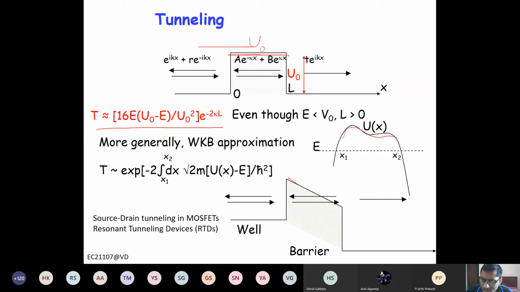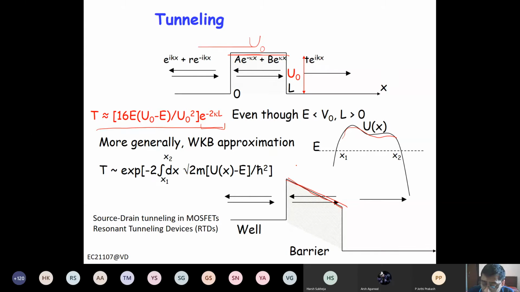It may have some kind of variation, right? You might have seen this kind of barrier, especially for oxide, a triangular kind of barrier, right? So in this case, how will you calculate the transmission? The important part is basically e to the power minus 2kL, right?